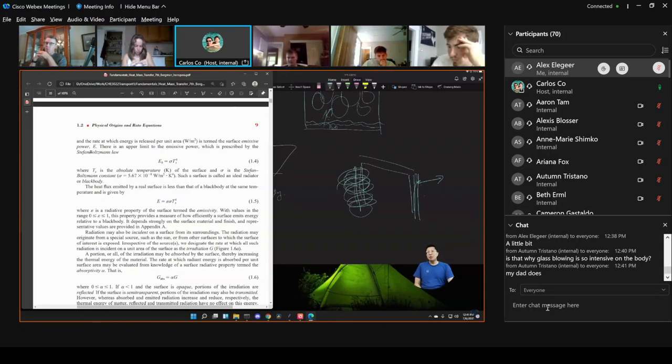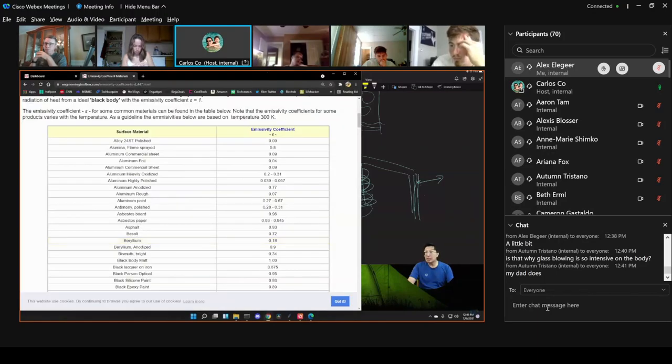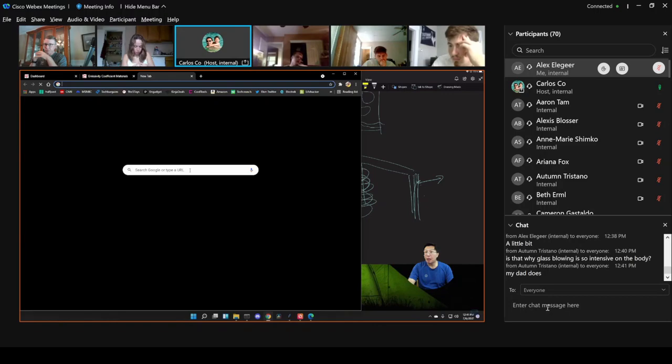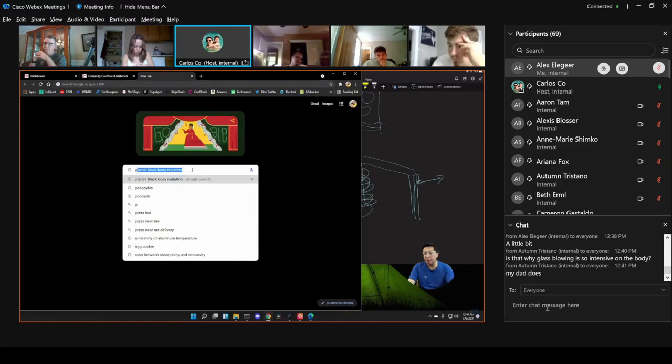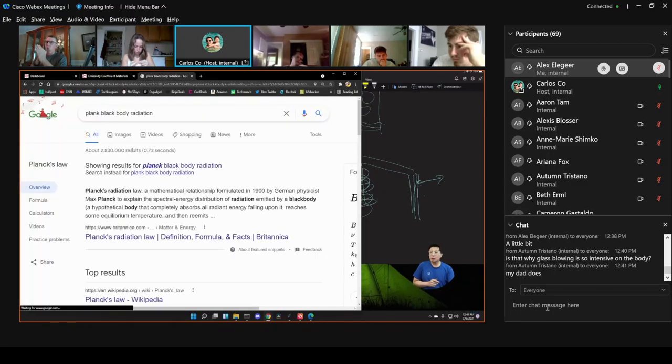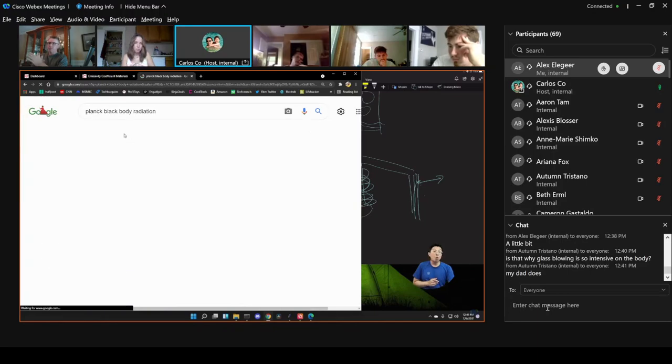Now, the one thing to worry about when you're doing very high temperatures and radiation is the distribution of wavelengths. This is the thing you need to be really worried about. With Planck black body radiation, what you need to worry about is not so much the radiation, but rather the wavelength distribution.